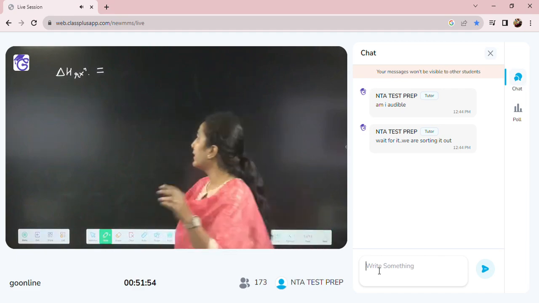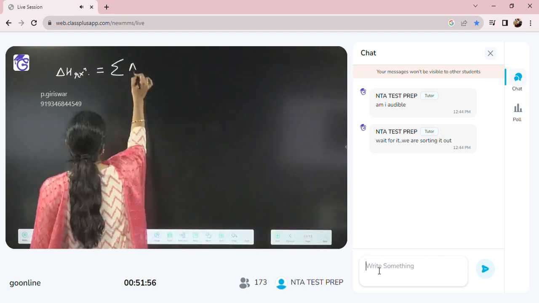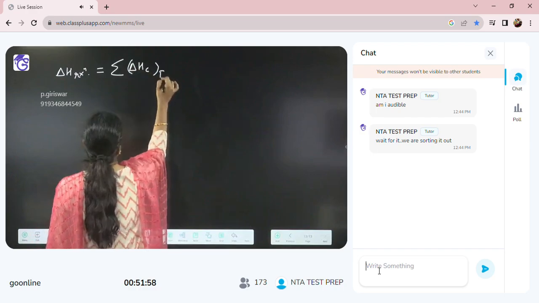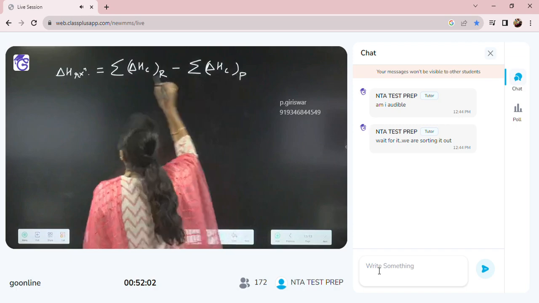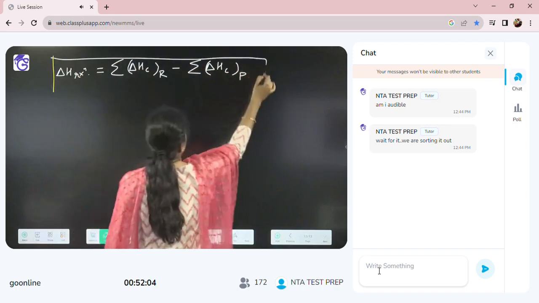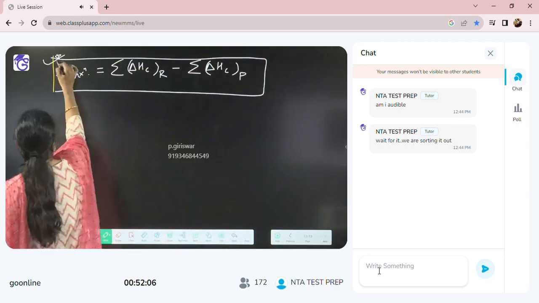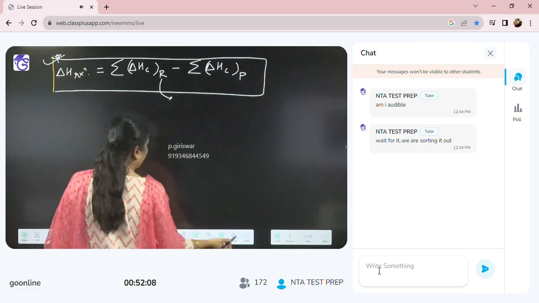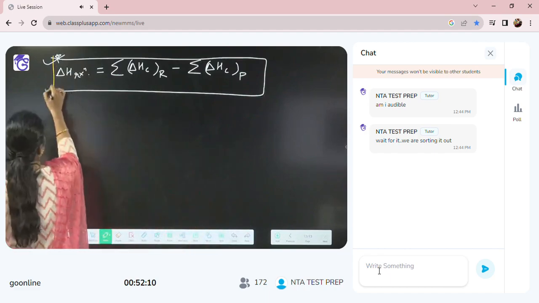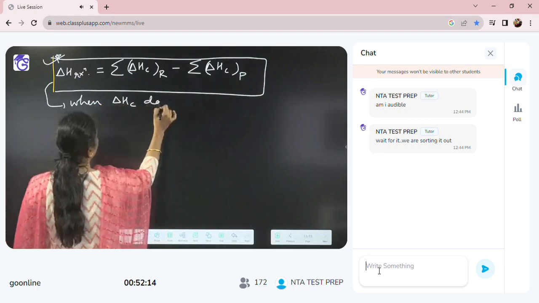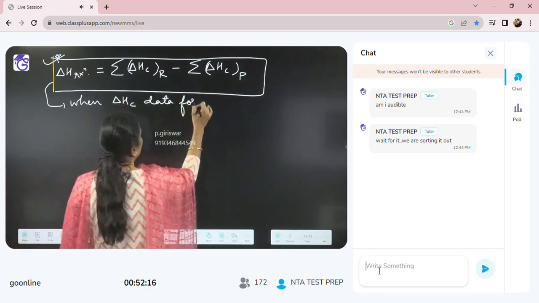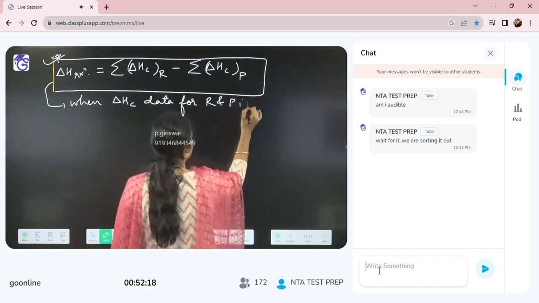So in that case, what you have to do? Summation of enthalpy of combustion of the reactant minus summation of enthalpy of combustion of the product. So when enthalpy of combustion data for reactant and product is given.